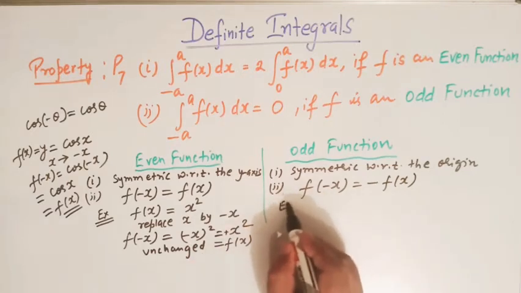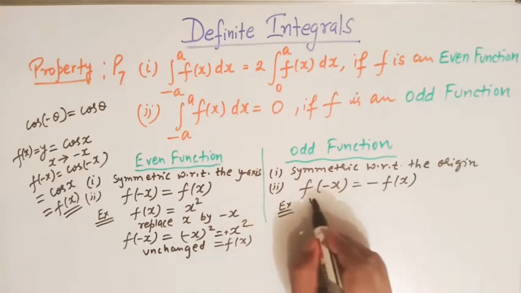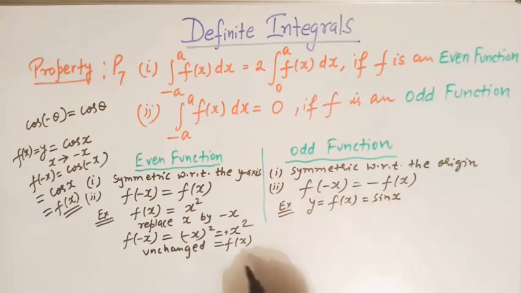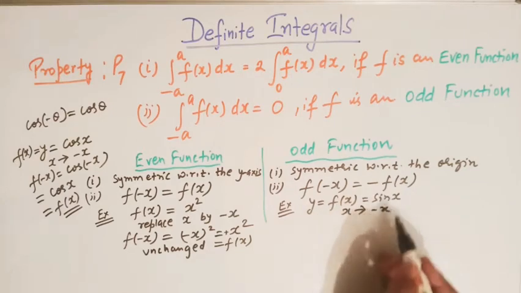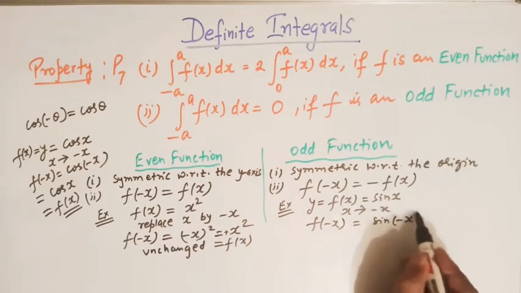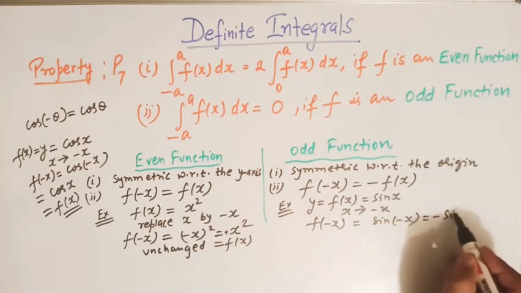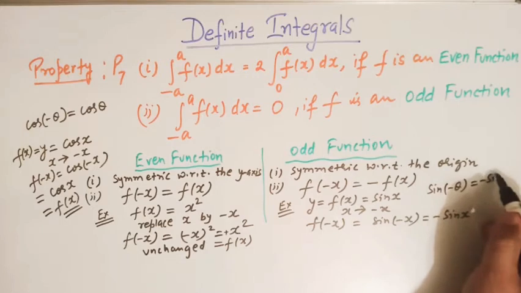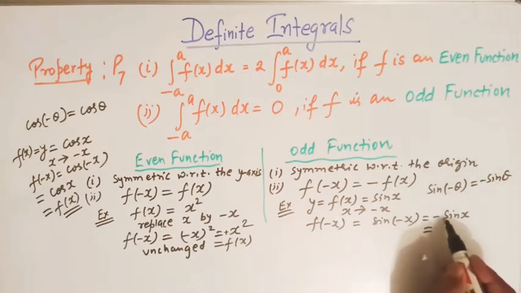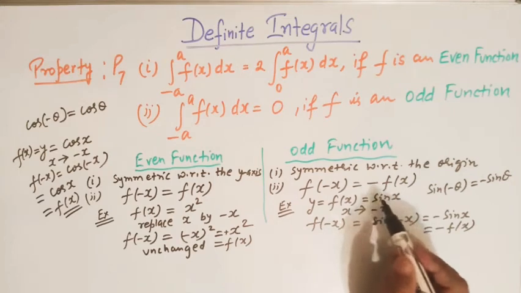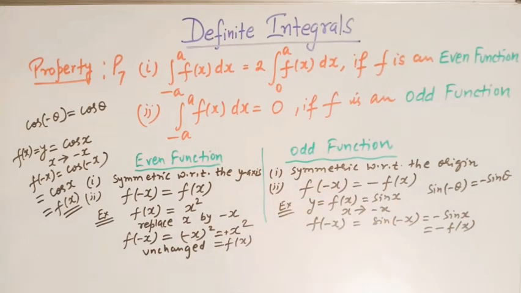Now for example, let us take y is equal to f of x is equal to sine x. Now if we replace x by minus x, then we see that f of minus x is equal to sine of minus x. This is equal to minus of sine x, because sine of minus theta is equal to minus of sine theta. So we have minus of sine x, this is minus of f of x. So therefore we can say that sine function is an odd function, right?